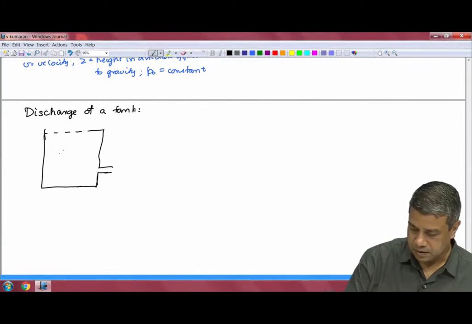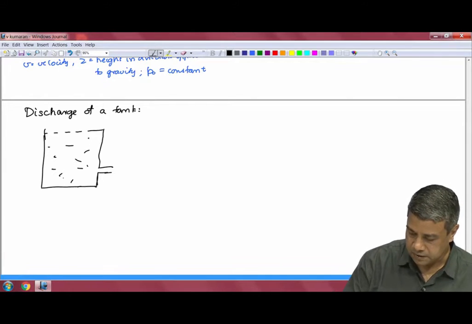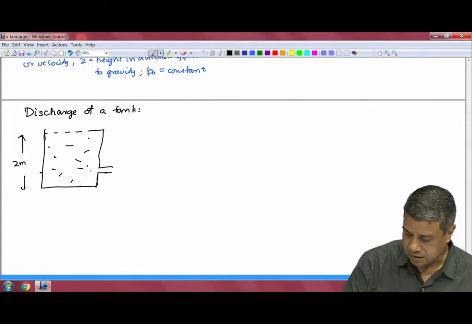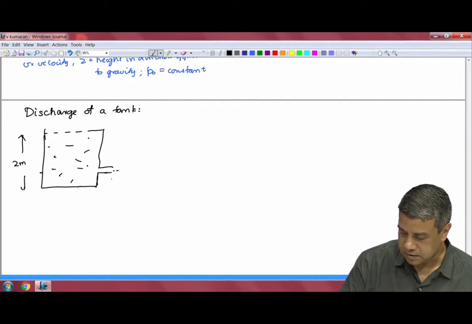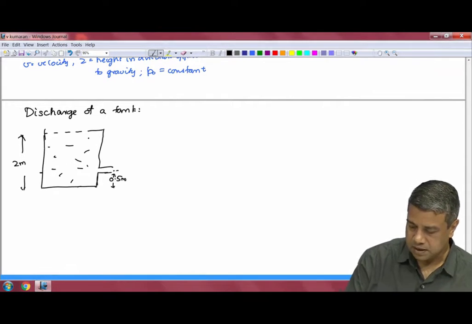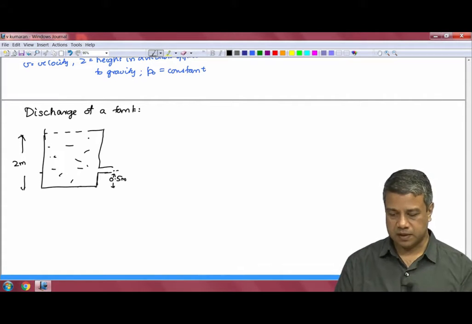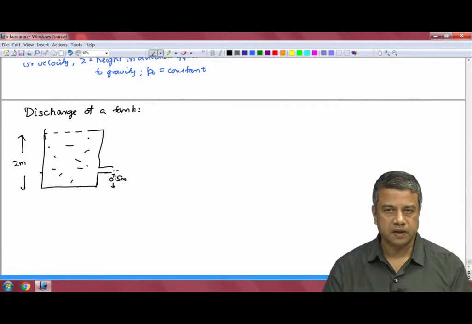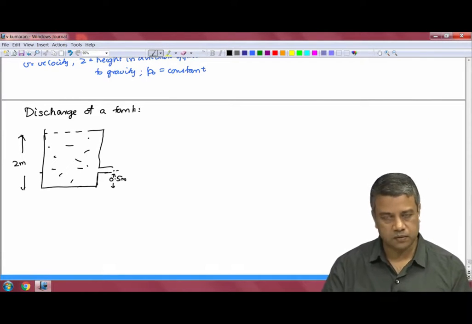Initially this tank is filled, the total height is 2 meters, and the height of the discharge is 0.5 meters. So, the height of the fluid above the discharge is going to be 1.5 meters.